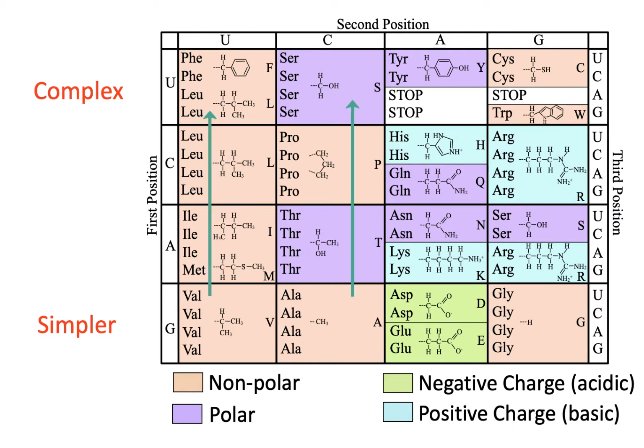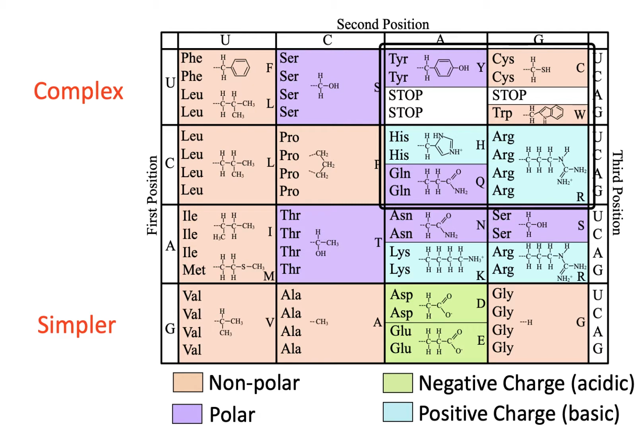And then if you go up on this side, you can see that the structures get generally larger and larger. And if you go into this upper right-hand corner, the structures get even larger. There are more ring structures and things are more complex. So you pretty much go from simple down here to more complex up here, and the most complex are up here in the upper right corner.